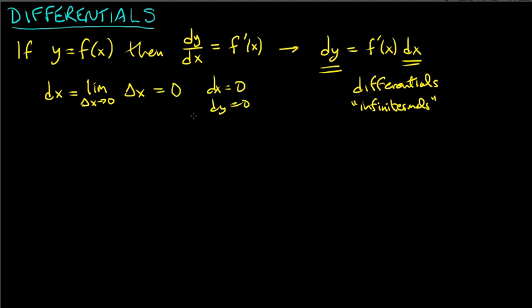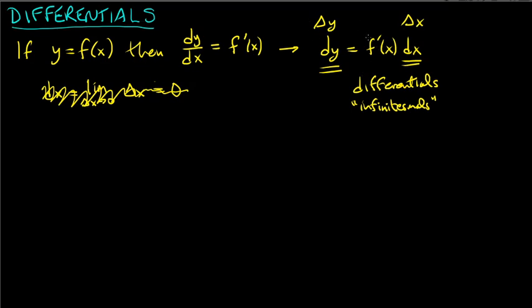So that's not quite the whole story here. dx is sort of the closest thing you can get to 0 without actually being 0, if that even makes sense. So don't think about differentials or infinitesimals that way. We're going to treat them essentially just like we would a delta y or a delta x.